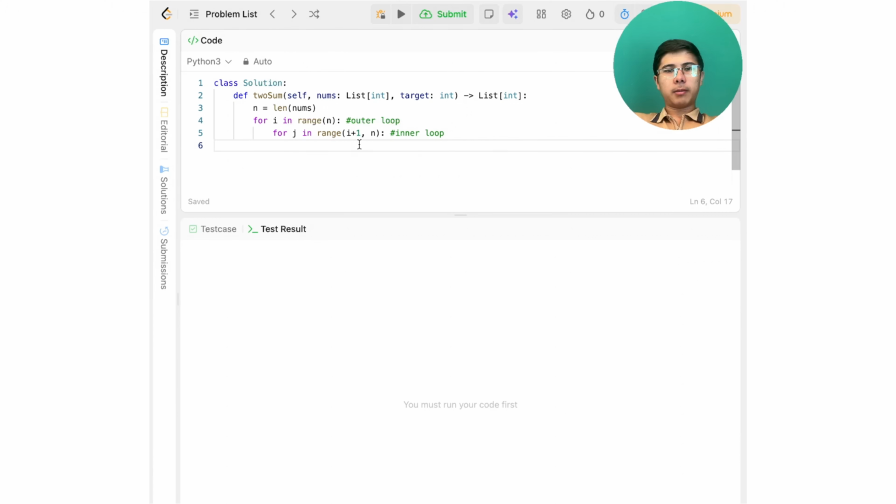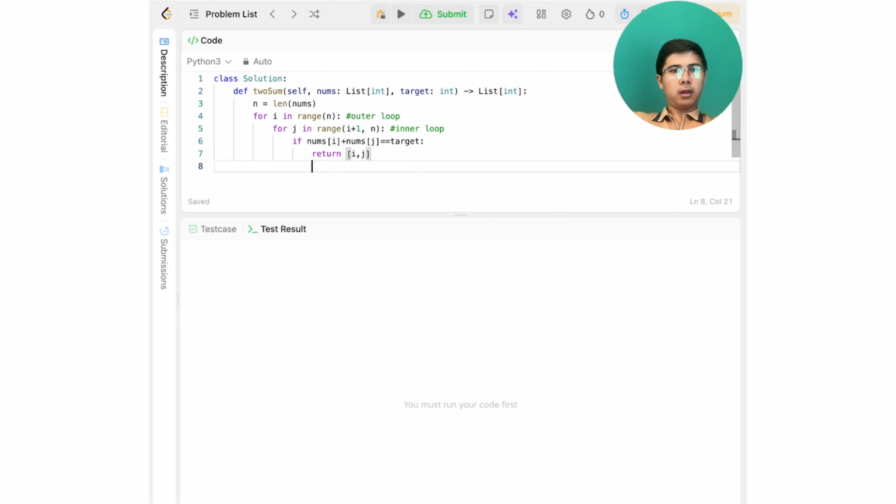After picking these two elements to compare, we write if nums at index i plus nums at index j is exactly equal to target, then it returns that exact i and j.